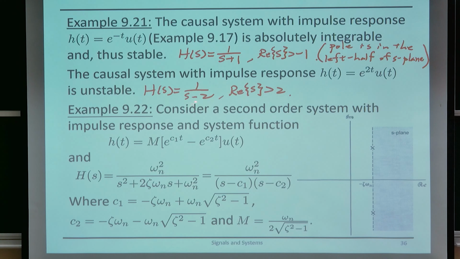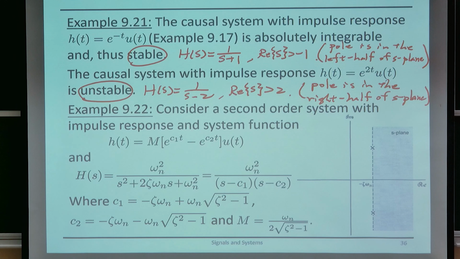In this case the pole is at 2, so the region of convergence is to the right of 2, which does not include the j omega axis, and therefore it is unstable. So you see here that the pole is in the right half of the s-plane, and therefore it's unstable.